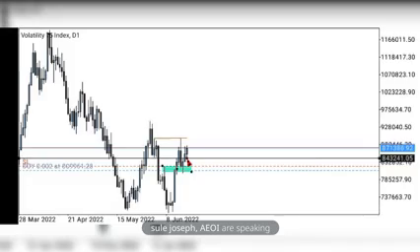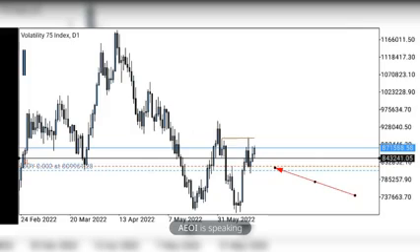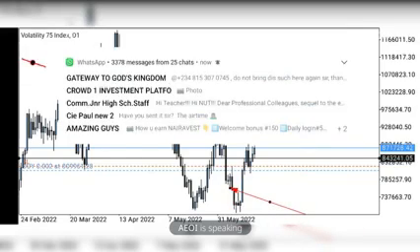Now for a bigger picture, let me delete this zone. For the bigger picture, are you following on daily? Well, this high did not create a low. This high here did not create a low on daily.